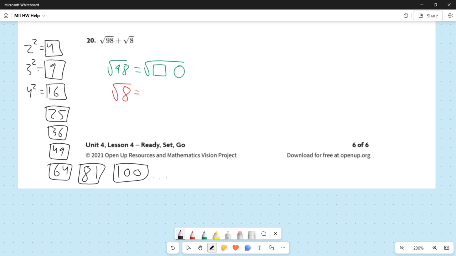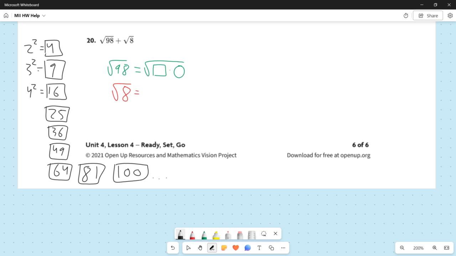Right? Now, if you're unsure how to do this, you can take your calculator, if you have access to one, and try it. What's 98 divided by 100? That's a decimal, that doesn't work. What's 98 divided by 81? That's a decimal, that doesn't work. What's 98 divided by 64? That's a decimal, that doesn't work.